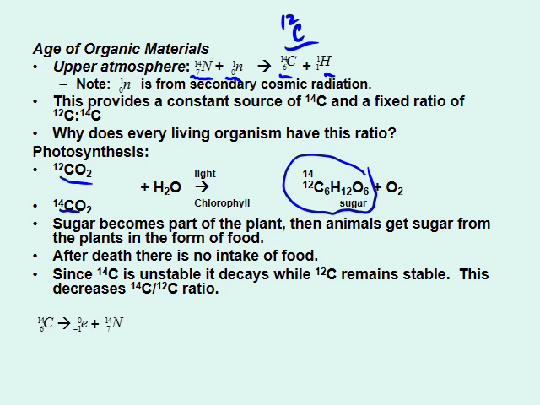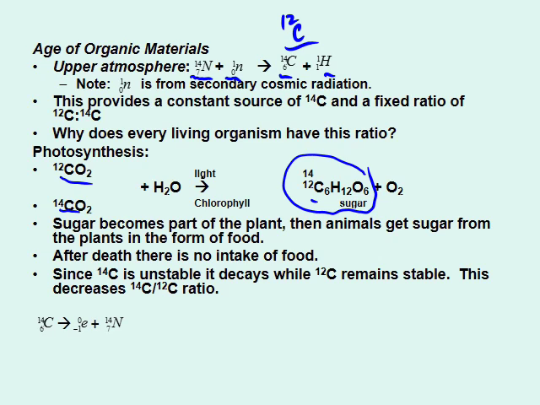You can see that sugar has 6 carbons. Now what kind of carbon would you have there? Since there are 2 different types of carbon that were part of carbon dioxide, sugar would have both kinds of carbon in it. So sugar then becomes part of the plant. Animals get that sugar from plants in the form of food. After death, there is no intake of food.